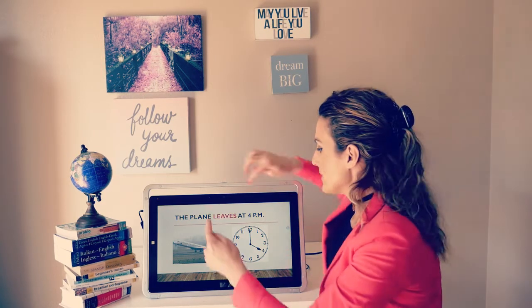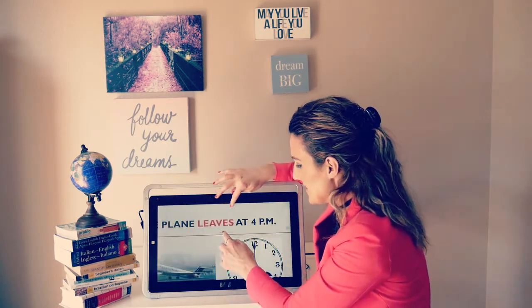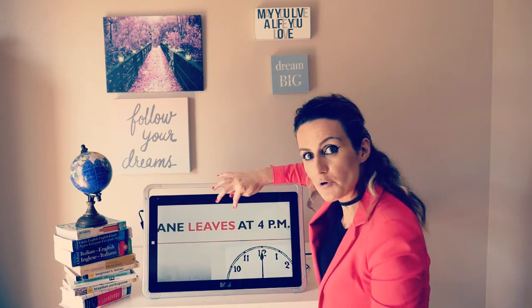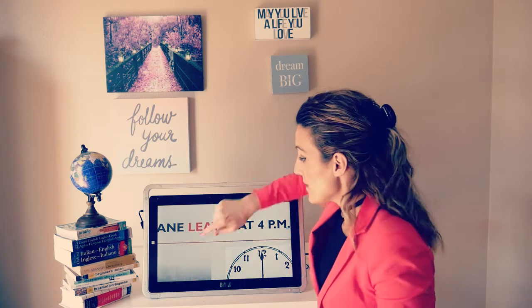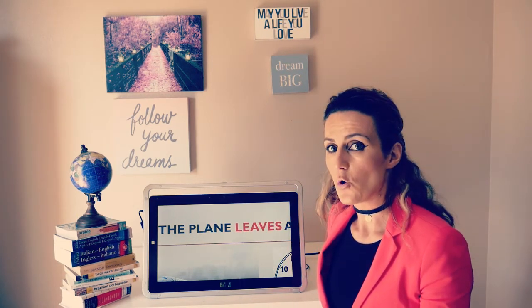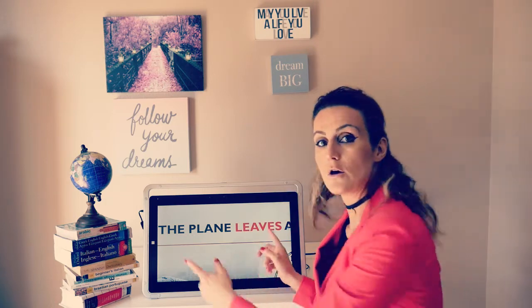So, for example, the plane leaves at 4 p.m. Now, the plane leaves. You see, I put an S. Why? Because we're talking about a plane. He, no. She, no. It. A plane is a thing, right? It's not a woman, it's not a man, it's it. So, a plane leaves at 4 p.m.